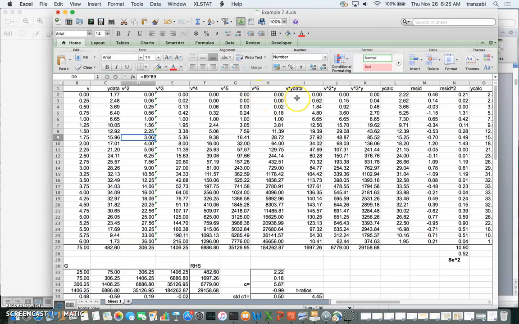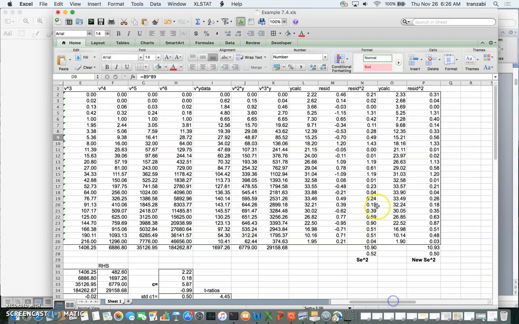We have to calculate x times y, x squared times y, x cubed times y. After we calculate the coefficients, then we have to calculate the y calc and residual squared.